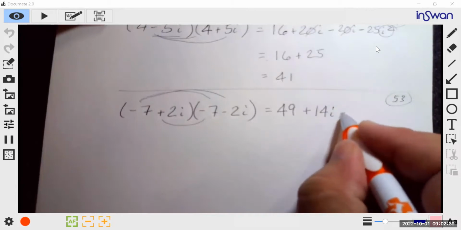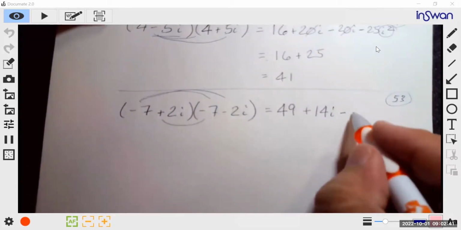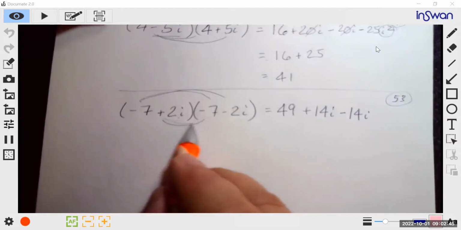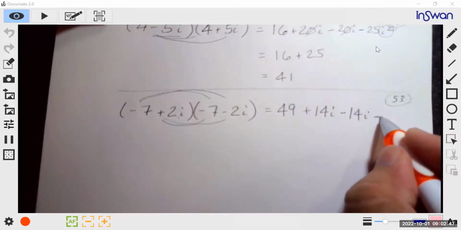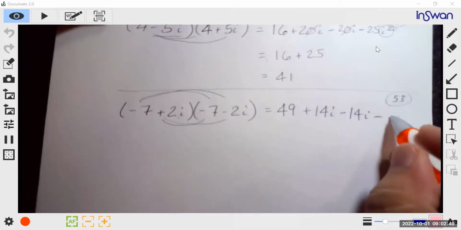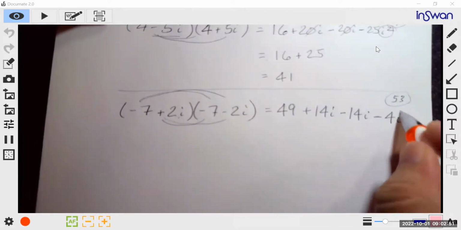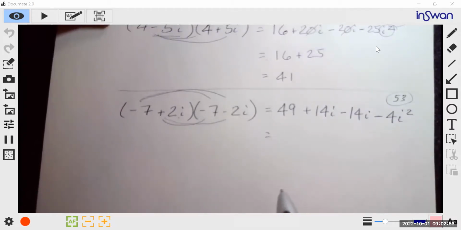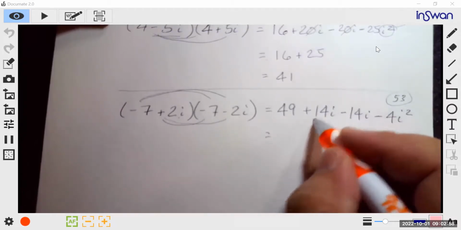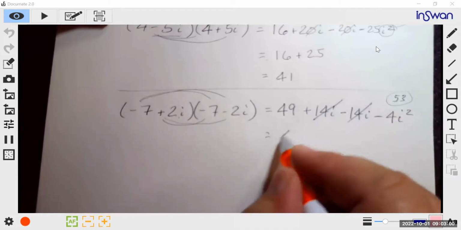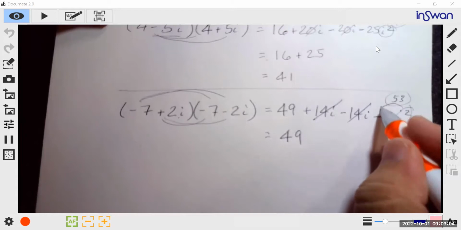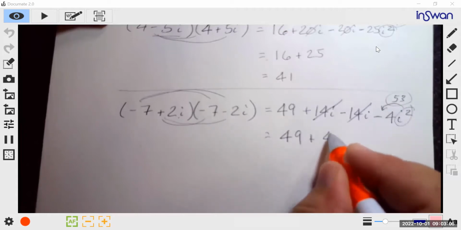Positive times negative is negative. 2 times 7 is 14i. Positive times negative is negative. 2 times 2 is 4. I times I is I squared.